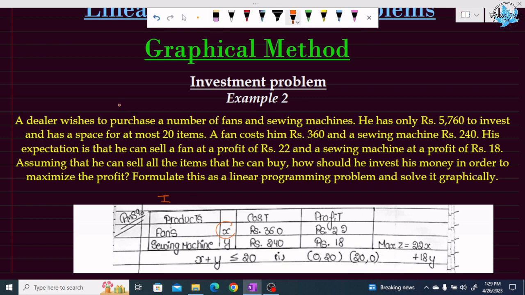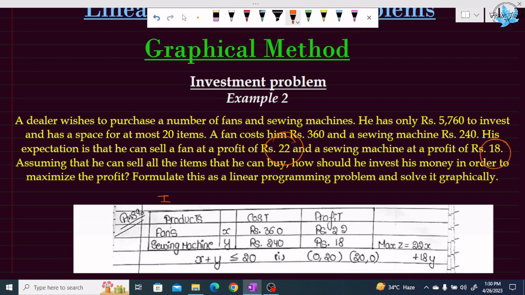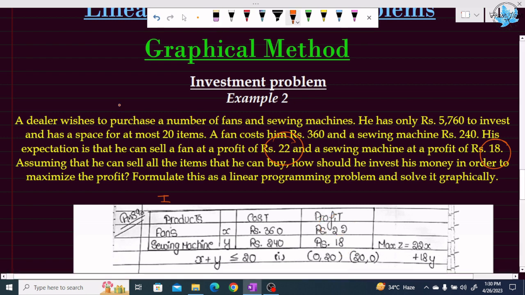I have assumed X to be the fans and Y to be the sewing machine. The cost of both the items is given, that is the cost of the fan is 360 and cost of the sewing machine is 240. Then the profit is also given, that is 22 rupees for the fan and 18 rupees for the sewing machine.